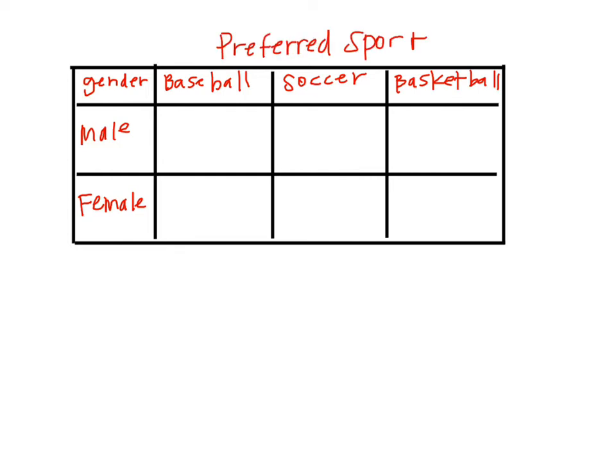So I've already conducted this survey and gathered all of the responses, and I'm going to go ahead and fill this table in now. So there were 49 males who preferred baseball, 23 females who preferred baseball, 52 males preferred soccer, 64 females preferred soccer, 16 males preferred basketball, and 33 females preferred basketball.